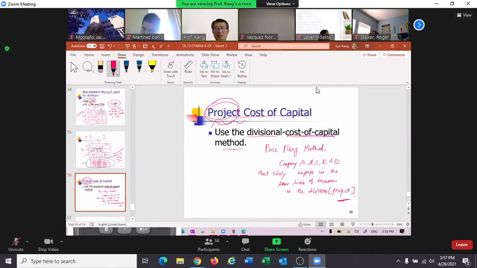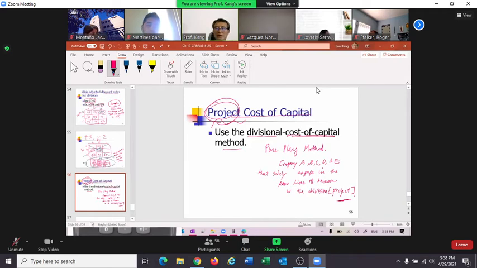If the company has 80% of its business in the line of business, then maybe beta times 0.8, something like that. So some weighted average is still possible, but definitely it's not easy, right?